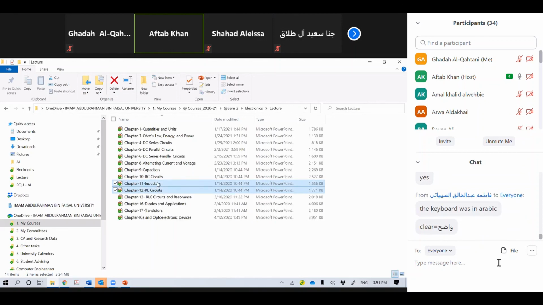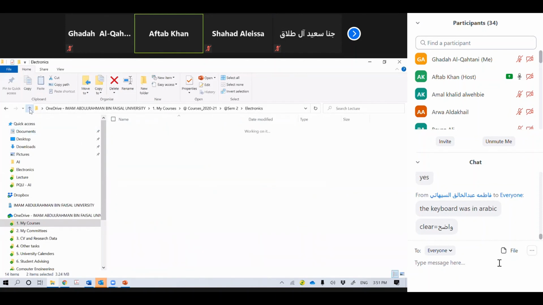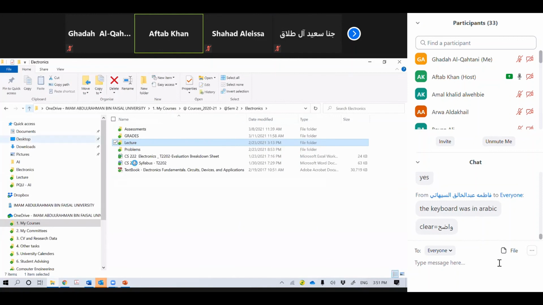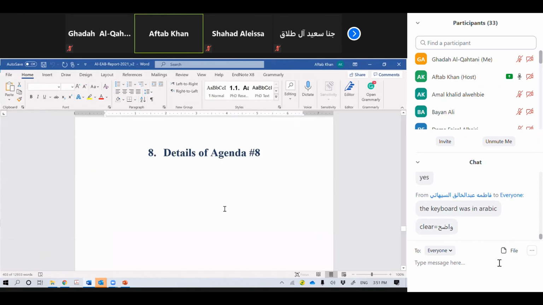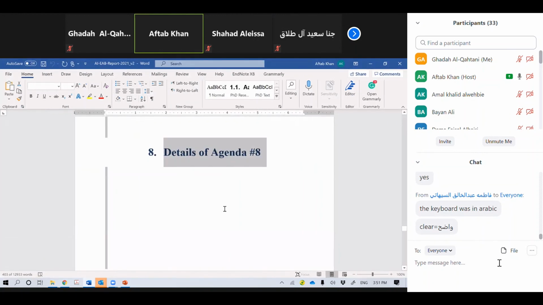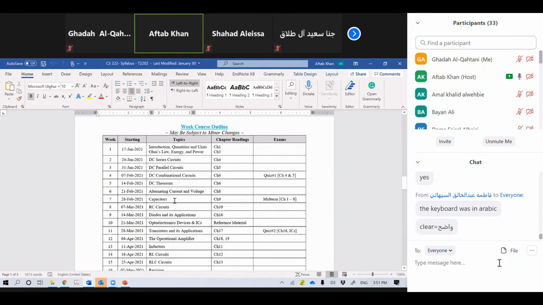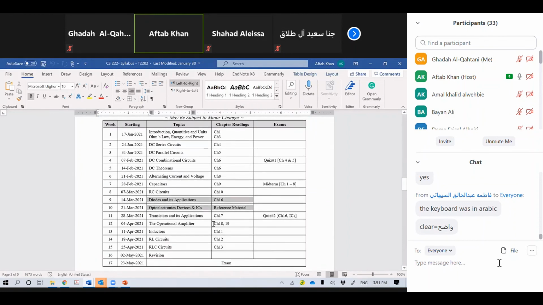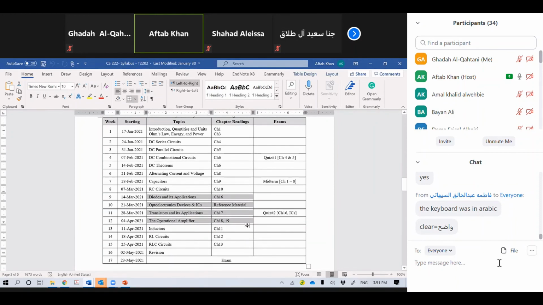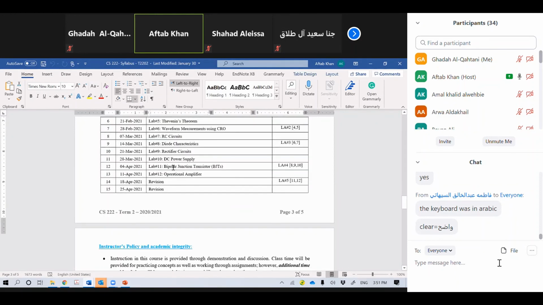I'm not going to start 11 and 12 now, because this lab is designed in a way that we have experiments related to the other chapters rather than this chapter. So we need to start as per the syllabus, chapter number 16 now. Then we start 11, 12, 13 later on, because the labs are according to that.